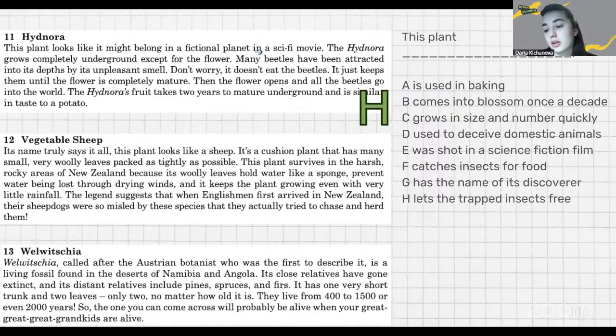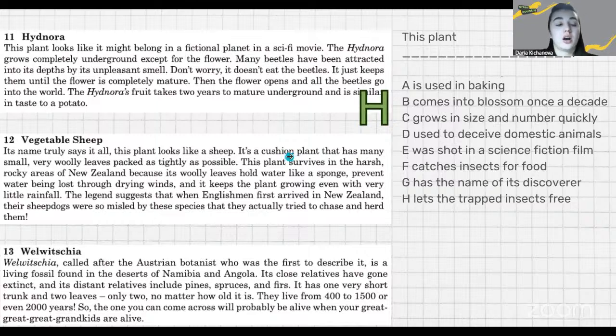There is no information that it was actually in a science fiction film. So there you need to skip this answer. Because the main feature of this flower is that the flower opens and all the beetles go into the world. So it lets the trapped insects free, so they can go and live their lives.